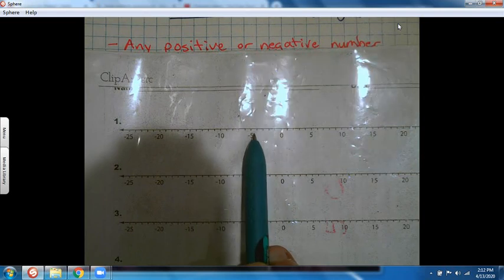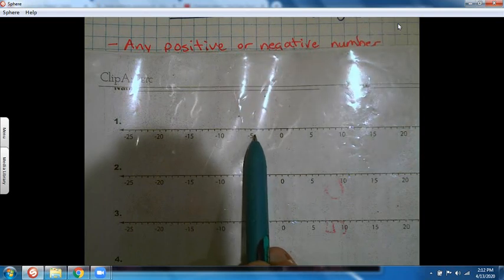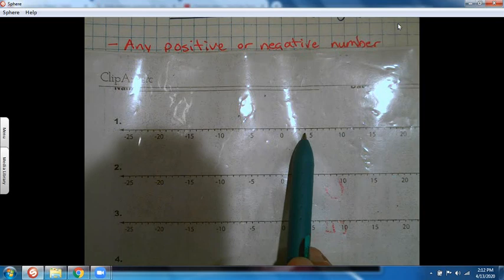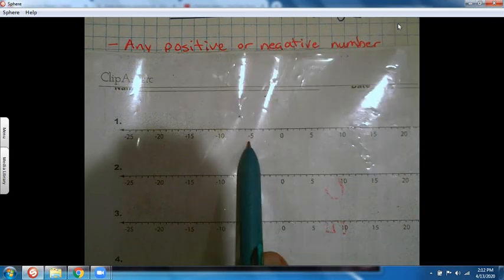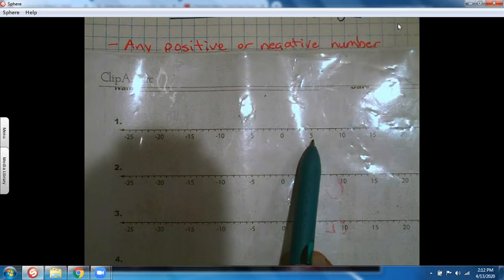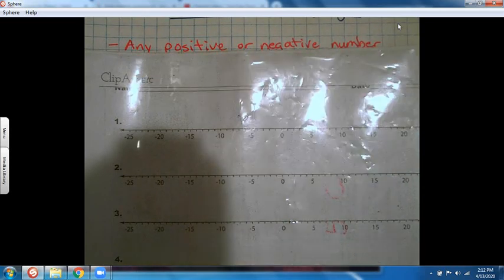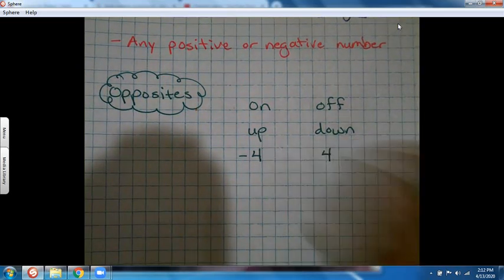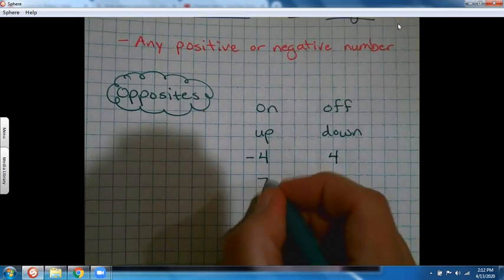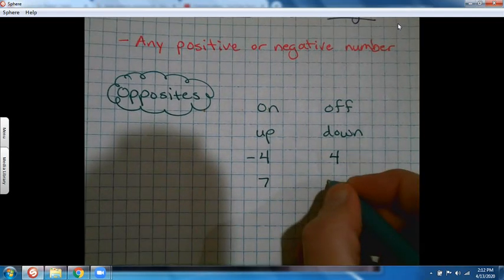So the opposite of -4 is, of course, +4. Okay? Just the opposite. So if I say -5, you say +5. If I say +5, you say -5. Very simple. Okay, so -4, 4. If I say 7, you say -7.